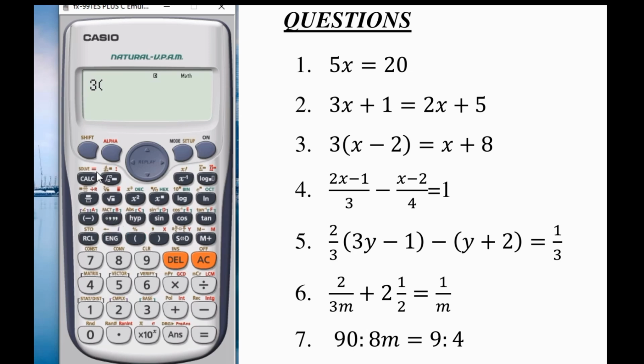To get the x, you have to use the combination Alpha and bracket close. Then minus 2, then I close the bracket, equals x plus 8. So this is the equation that I have inputted into the calculator.